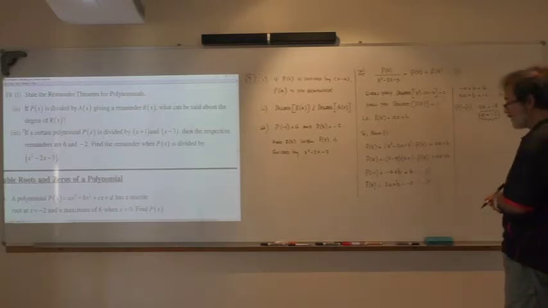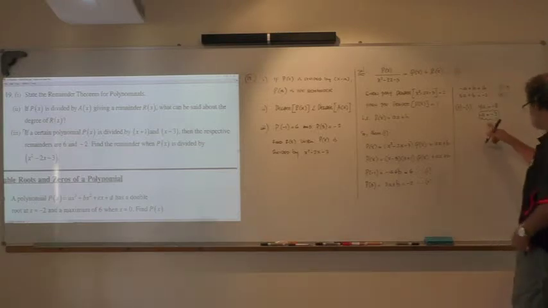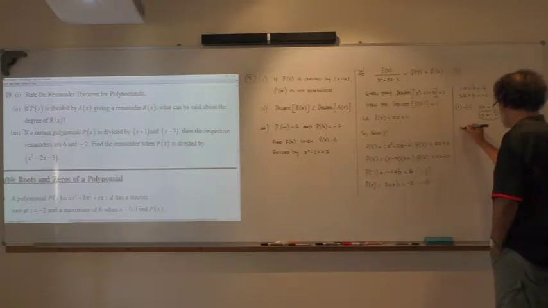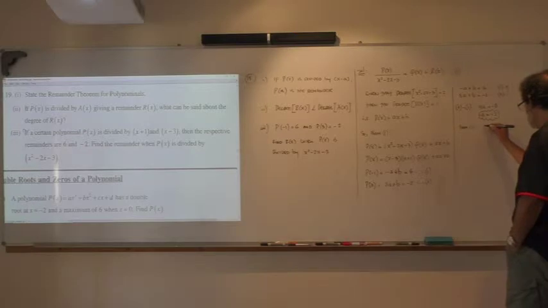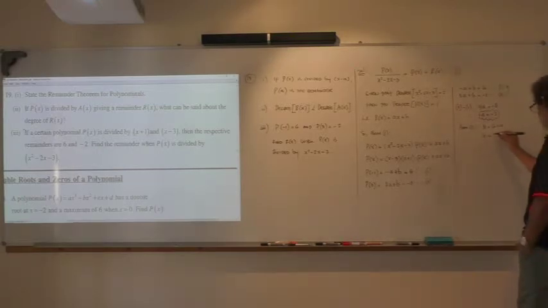And then to find b, we substitute a in here. From equation 1, we have that b is equal to 6 plus a. So therefore, b is going to be equal to 6 minus 2, which is 4.